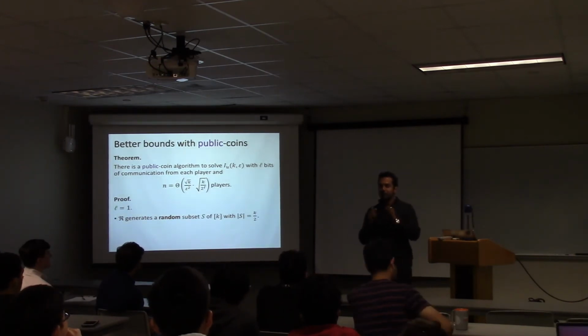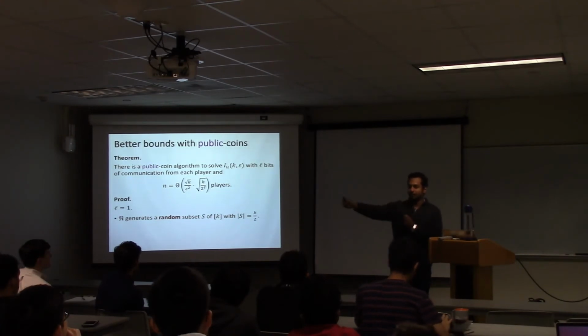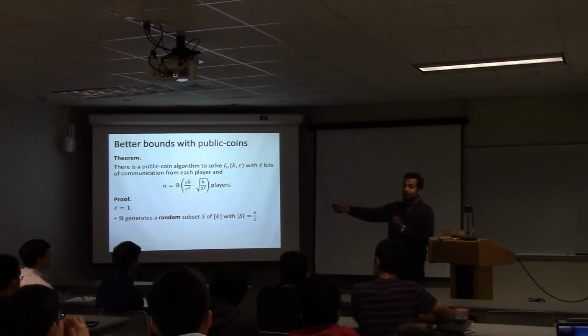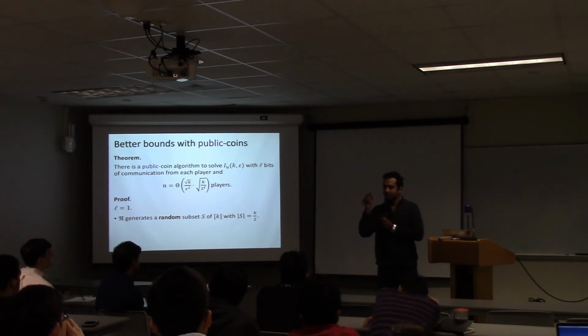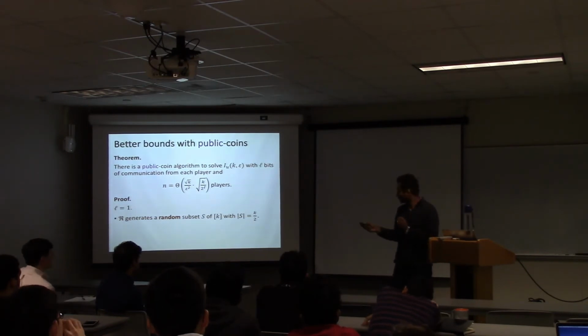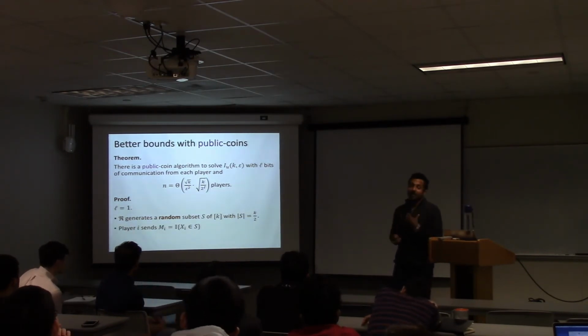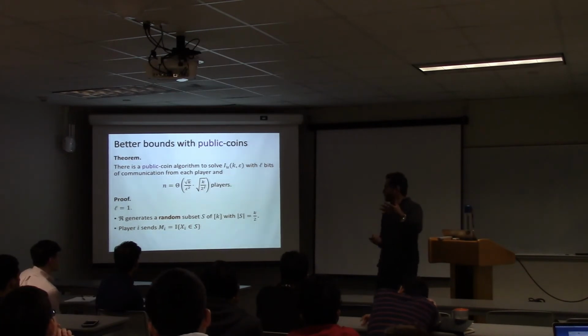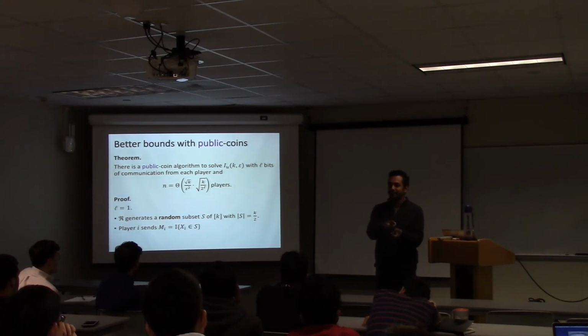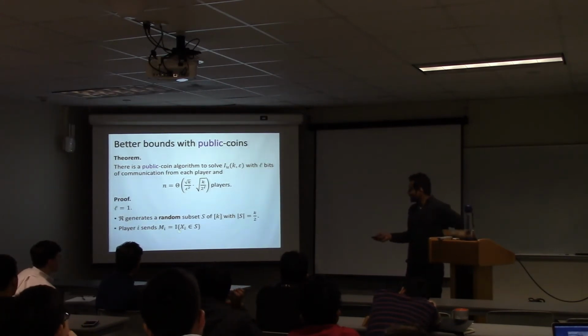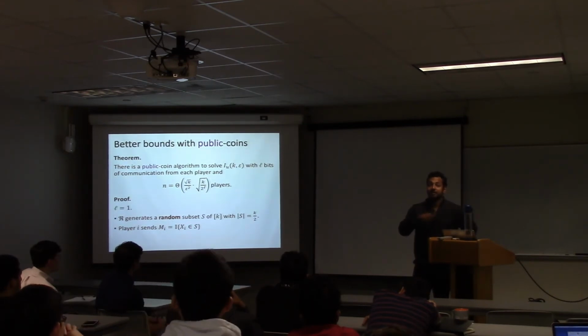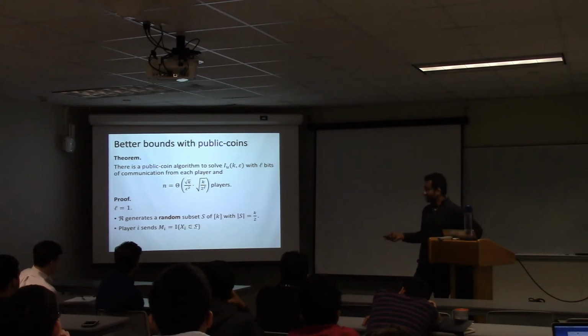The referee makes everyone agree on a random subset S of size exactly k over 2. And player i is going to send the message m_i, which just indicates whether its sample x_i is in this random set or not. So player i sends the indicator of x_i in S.